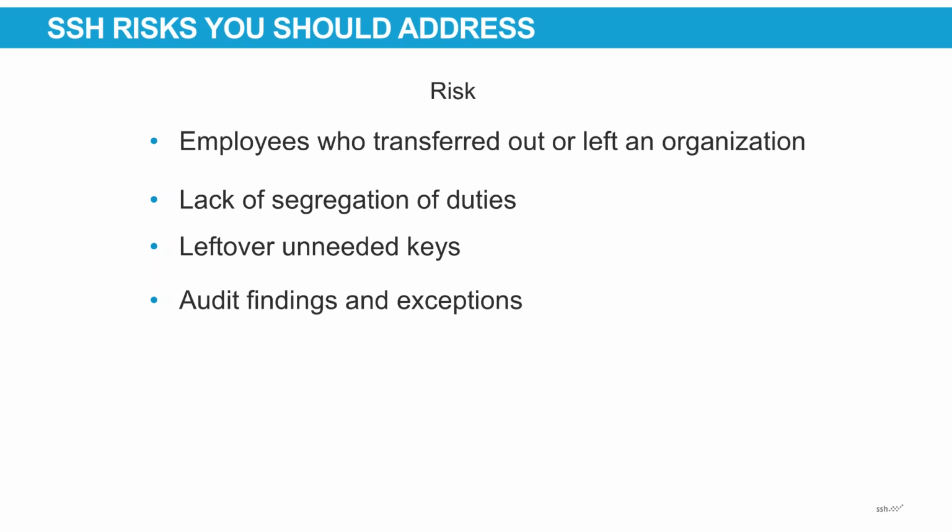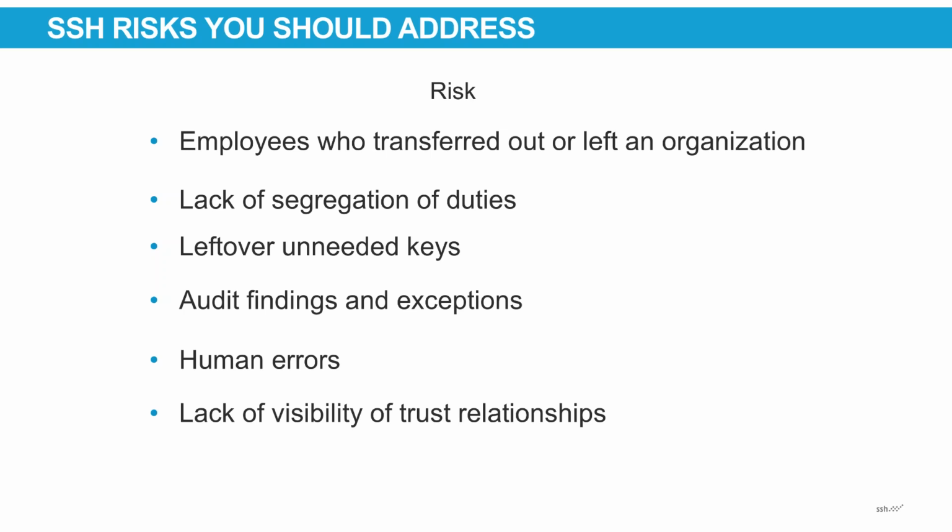Of course, it may lead to audit findings and exceptions, especially now that auditors have a tool in their hand and they are capable of issuing findings and exceptions depending on what they're looking at and what they find. And we have the human error aspect. That is always an unfortunate thing that happens in our world, but that also comes with a risk having to do with SSH keys. And then, last but not least, is a lack of visibility of trust relationships.